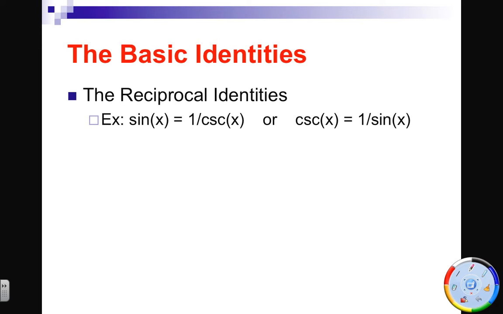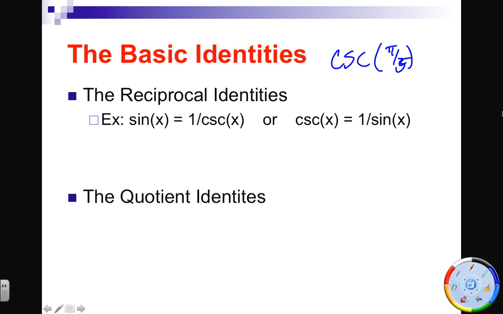We've used these quite often already, for example to determine the cosecant of pi halves or pi fifths. For pi fifths, you would plug into your calculator 1 divided by sine. So this one's pretty familiar to us.